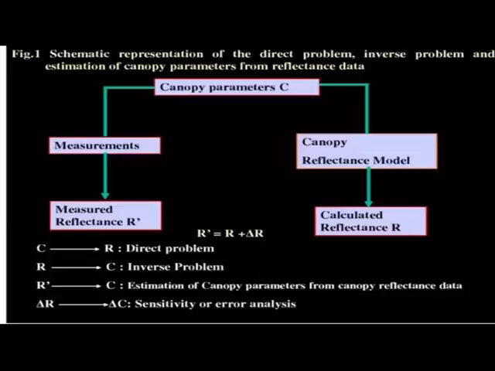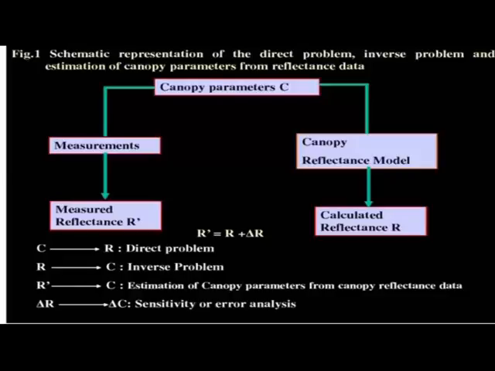I can estimate that. So that's called inversion of the model. So you have a measured parameter C, and you have the predicted one, that is C prime. You make the difference, that will be del C. Then del C you can make it 0, if you can optimize your inversion technique. There are different inversion techniques which can be used to invert this ready to transfer model to retrieve the parameter. This is what the whole concept is.